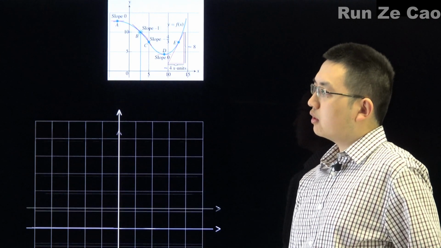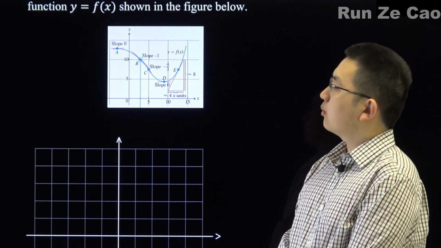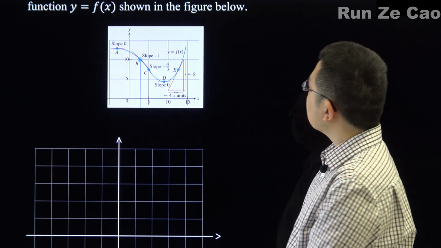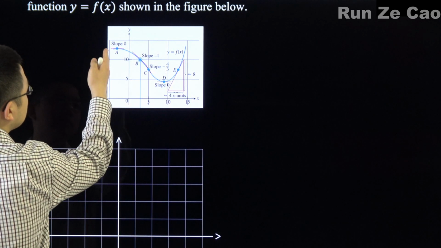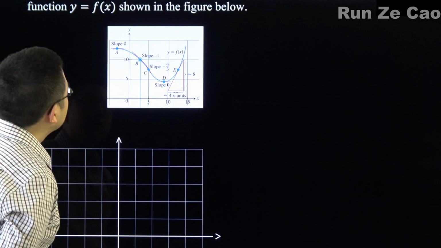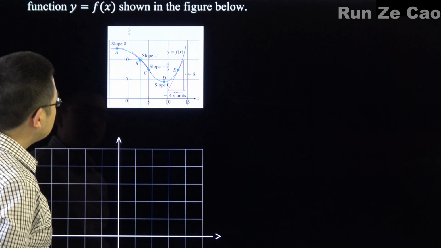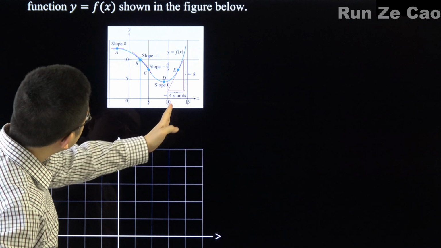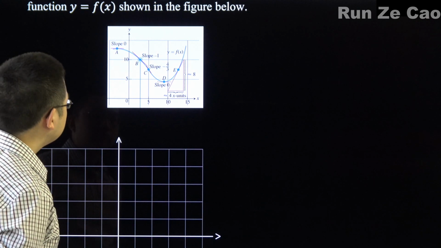We're going to plot the derivative of this. What can we say? Well, here at, according to the scale, presumably -3, we have a slope of 0. And we need to go all the way to 12.5. And we have 5 grids to work with.